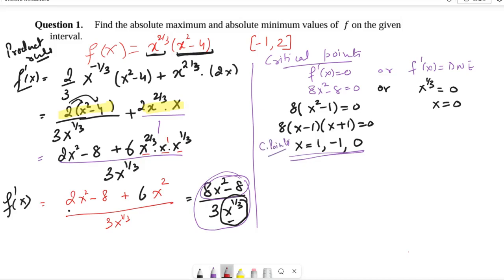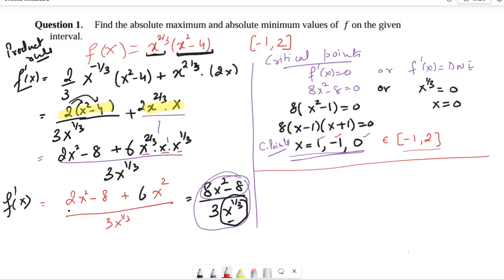Okay. You need to check if they belong to the interval which is given, -1 and 2. -1 is in the interval, 0 is in the interval, and 1 is also in the interval. All 3 points are in the interval. So we are good with all 3 of them. That's the check.